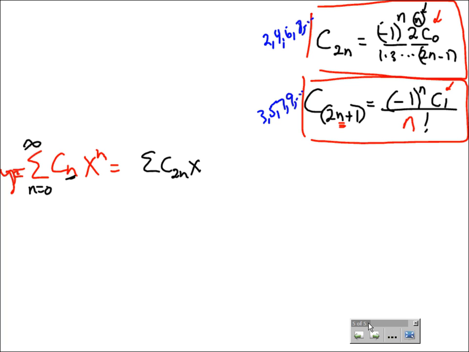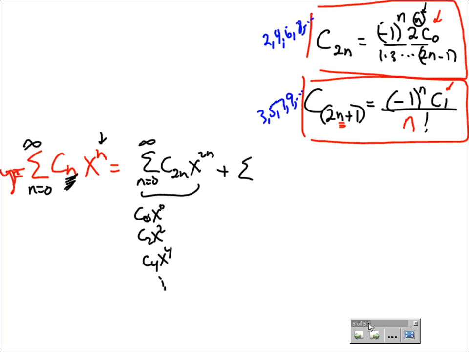Remember, whatever the subscript is, the powers have to match, and n will go from 0 to infinity. So this mess takes care of C0 x to the 0 plus C2 x squared plus C4 x to the 4th, etc. And then we add on the odd terms, if I could call them the odd terms.